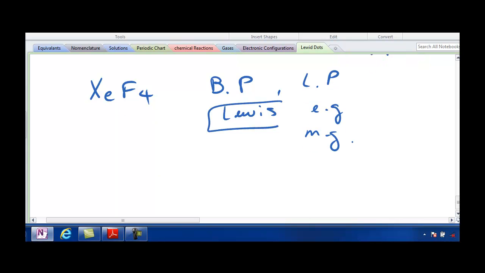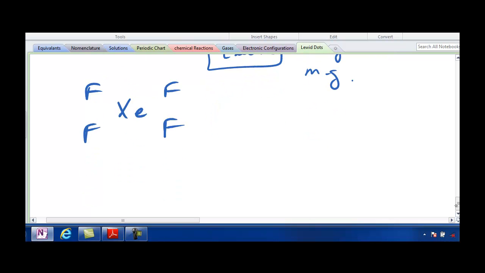So I start with Lewis. Xenon, F, F, F, F. Just write 4 fluorines. And each one of them is going to share how many electrons? They have 7 and they share 1. The other 6 I don't care about. They share 1.